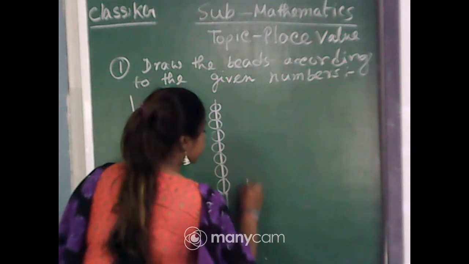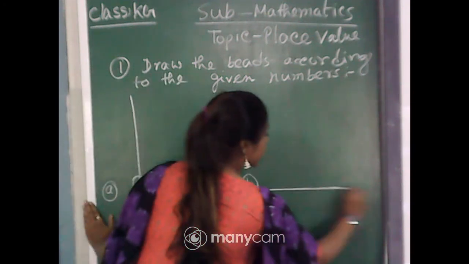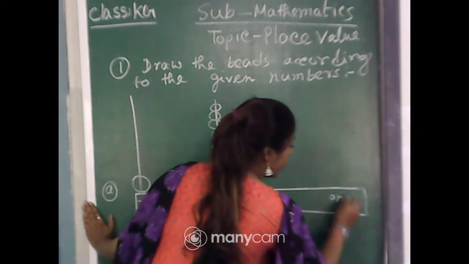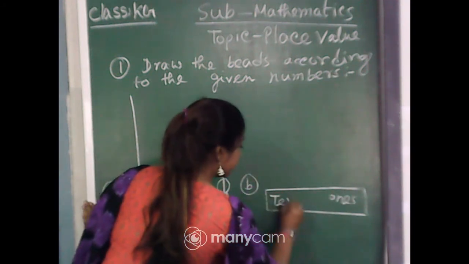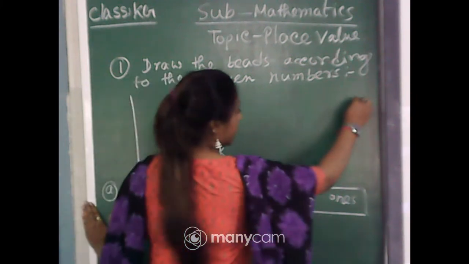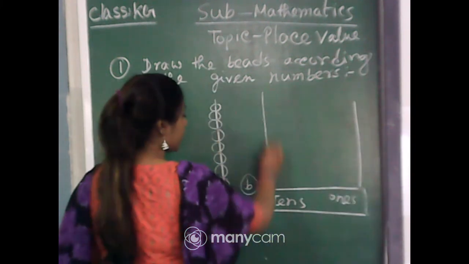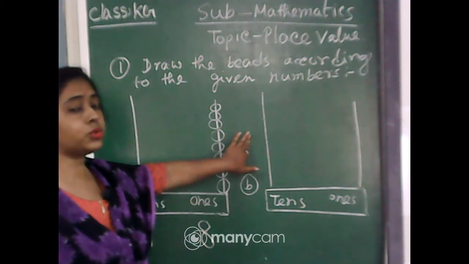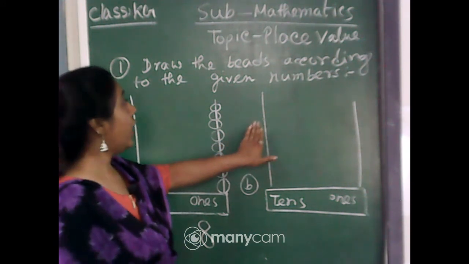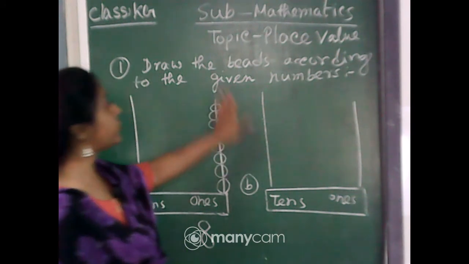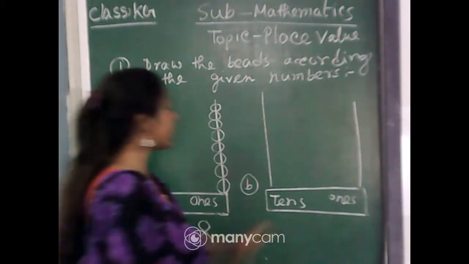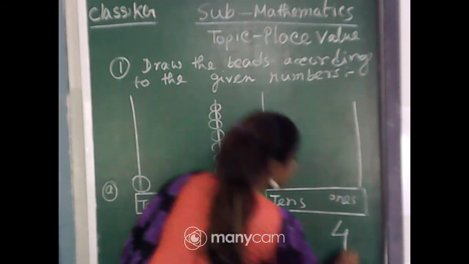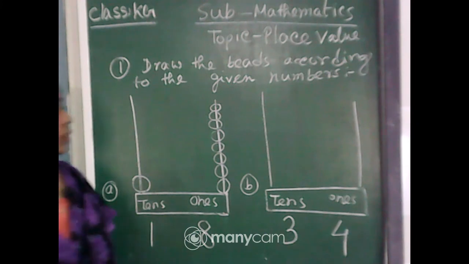Number B: again we will draw this column, write ones and tens, and draw these rods. It is the abacus system. In the abacus way we will do place value. So next question is 34.